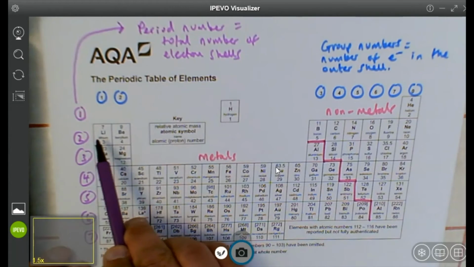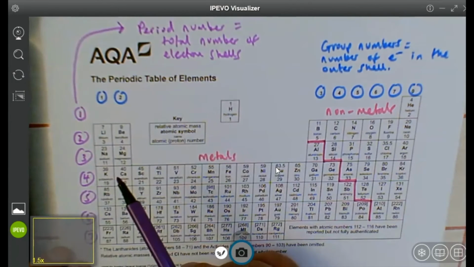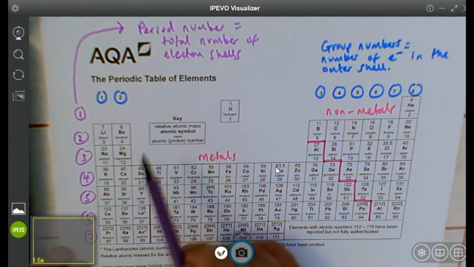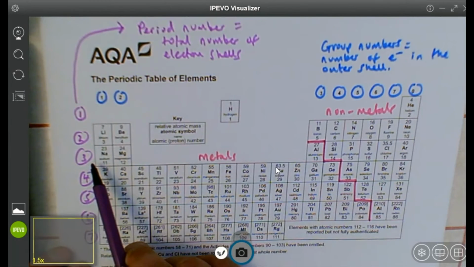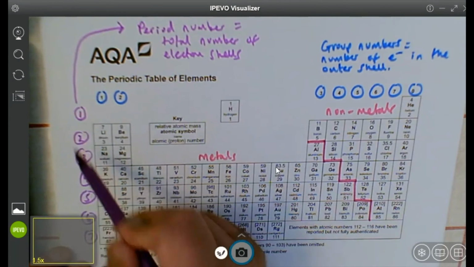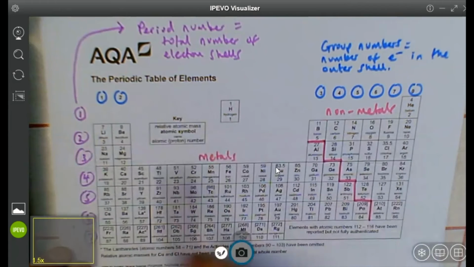Whereas period 2, where you've got lithium, beryllium, boron, carbon, they've got a total of 2 electron shells, where in the first electron shell you have 2 electrons, and in the second electron shell you can have 8. For sodium, magnesium, aluminium, silicon, and so on, 3 electron shells. So that period number, which is the horizontal row number, tells you the total number of electron shells.